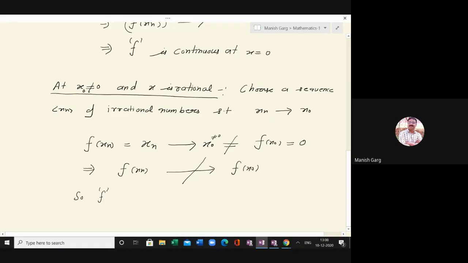So f is not continuous at x naught not equal to 0, where x naught is rational.